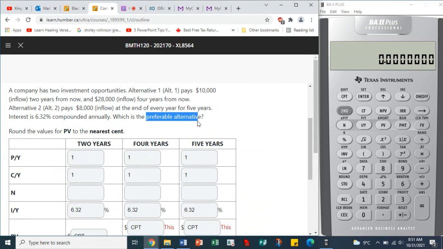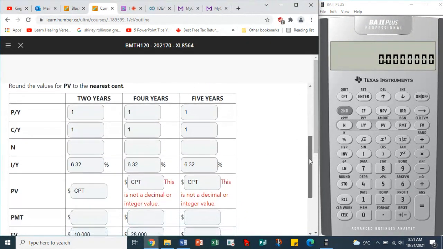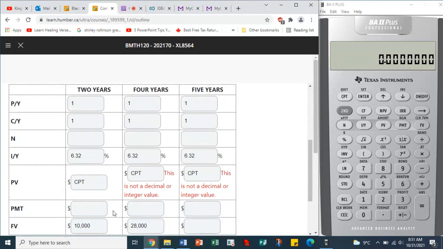Let's look at alternative 1 first and get the numbers in there. There are no payments, so payment would be 0 for alternative 1, and it's 2 years and 4 years. We will calculate N using the calculator. So let's start.